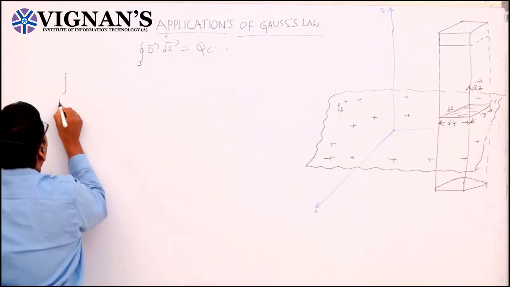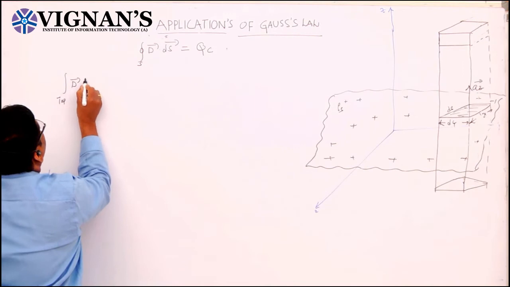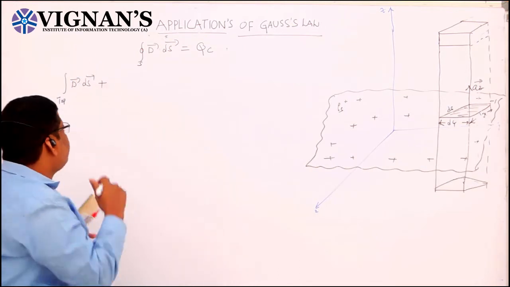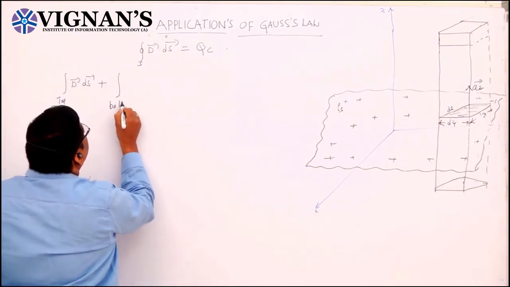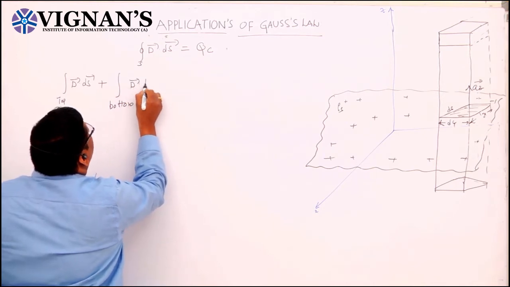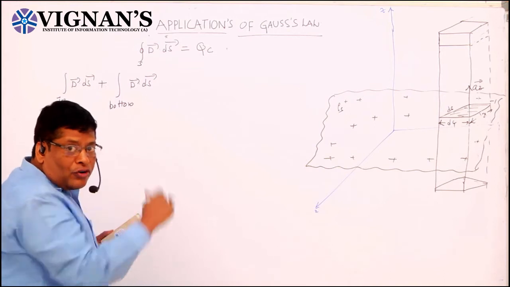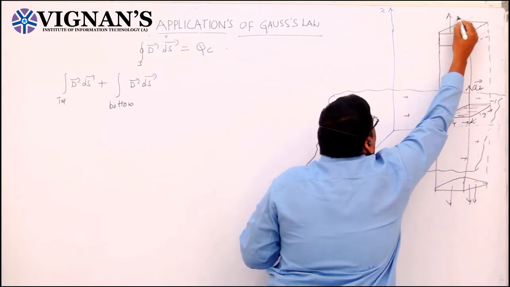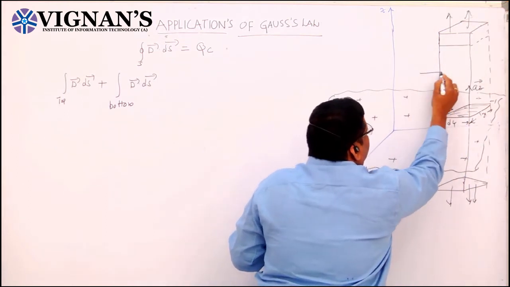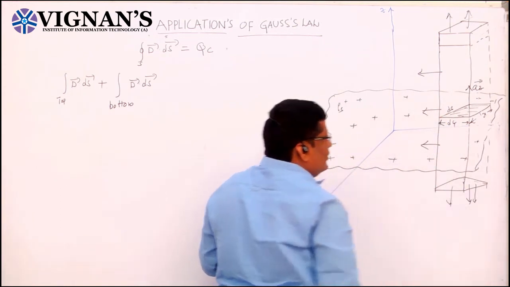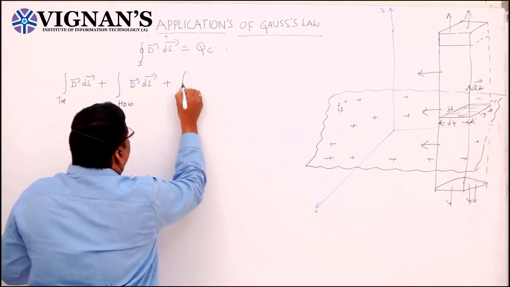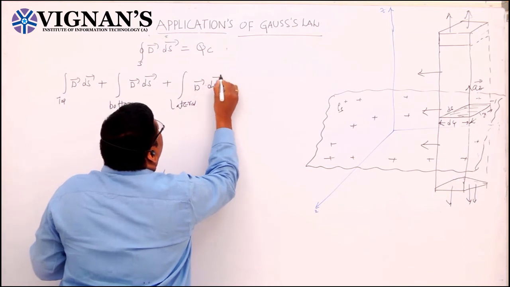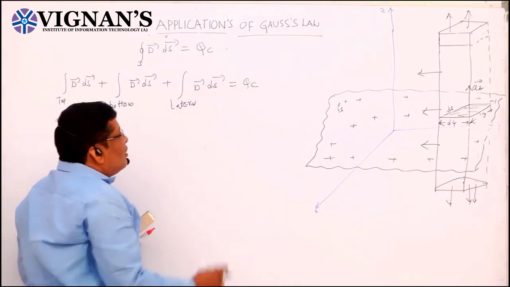One is the top, integral D bar dot ds bar, which is the flux coming from the top surface, plus the bottom, integral D bar dot ds bar, the flux leaving from the bottom surface, plus the lateral, integral D bar dot ds bar, for the lateral side surface, equal to the charge enclosed by the Gaussian surface.